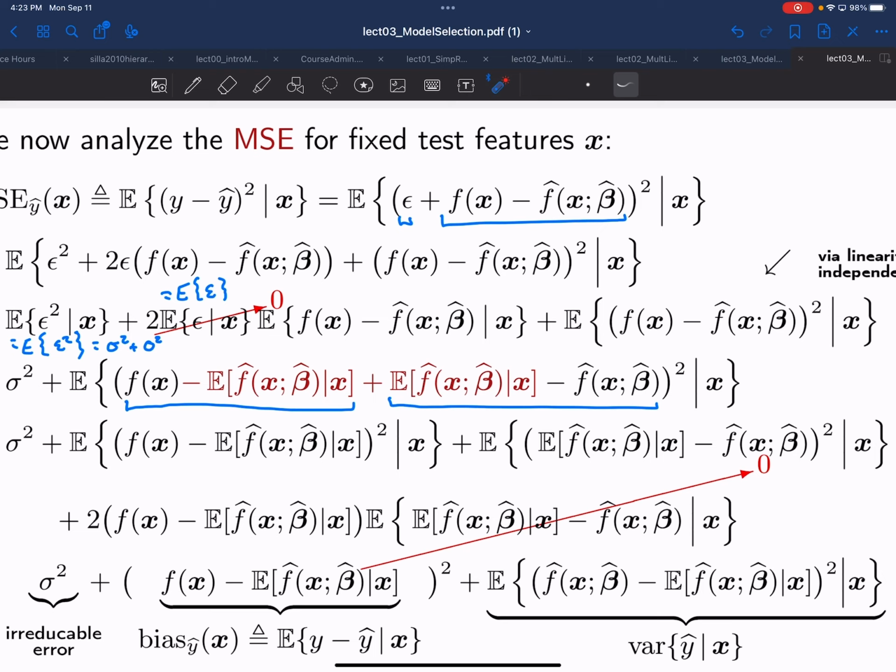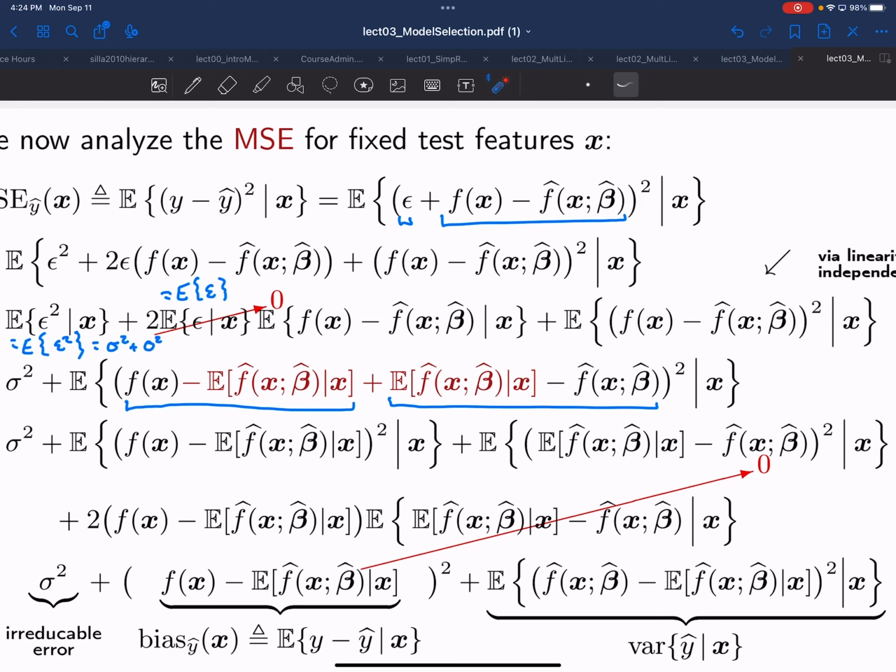This expectation would be a function of that random x, but there's no more randomness due to the beta hat, because I remove that randomness by averaging out any variation that did not result from x. Does that make sense? Because there's this expectation here, and because we're conditioning on x, this whole thing is deterministic for the purposes of this larger expectation we're working on.